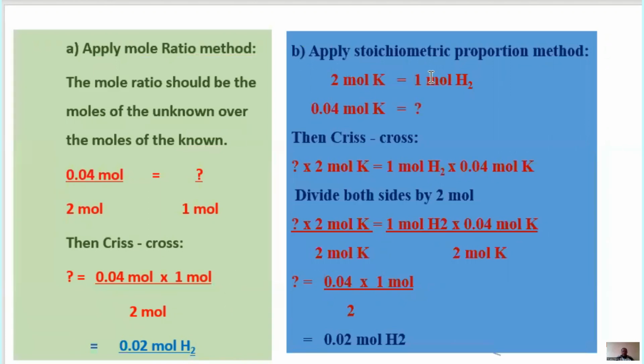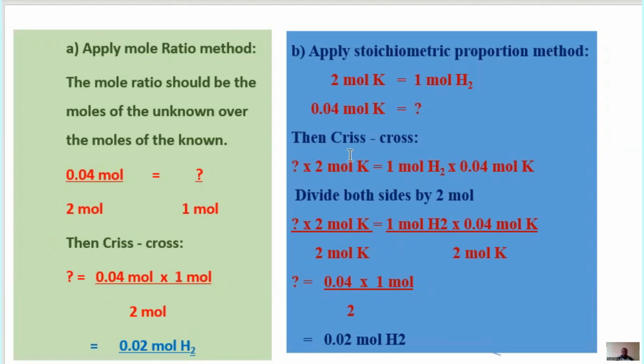The second method is to apply the stoichiometric proportion method. From 2 mole potassium metal, we obtain 1 mole of hydrogen from the stoichiometric proportion, or from the balanced chemical equation. From 0.04 mole potassium, you can obtain X amount of hydrogen gas.